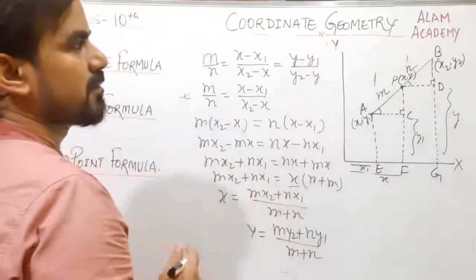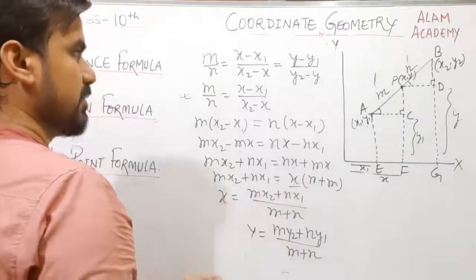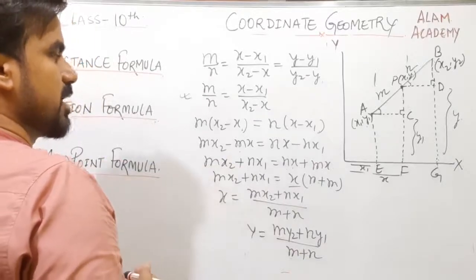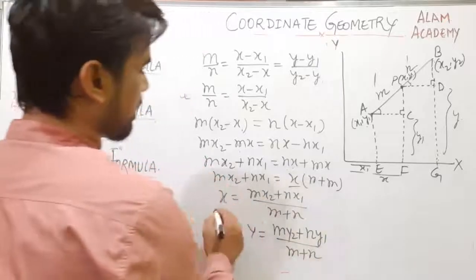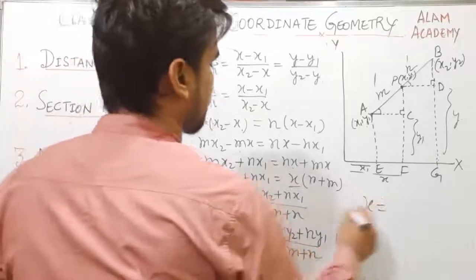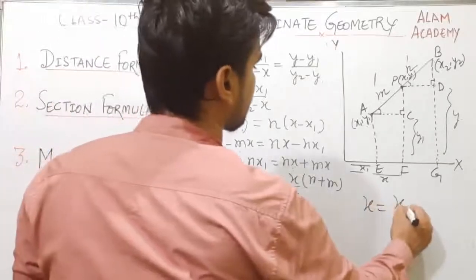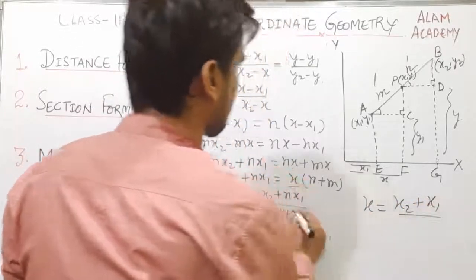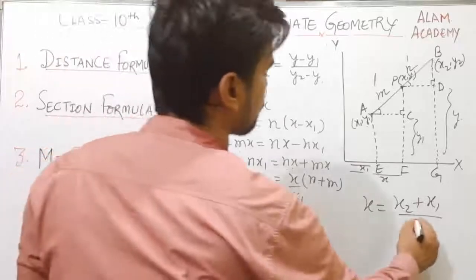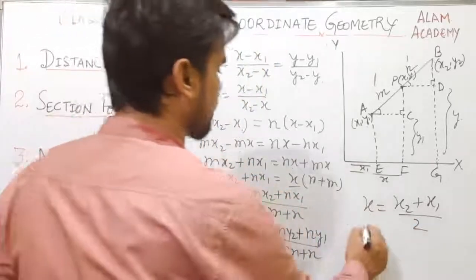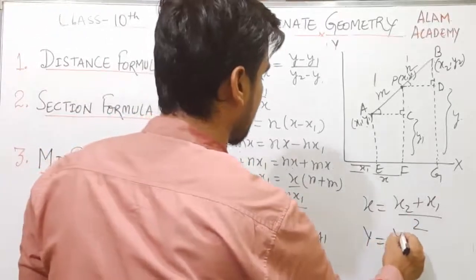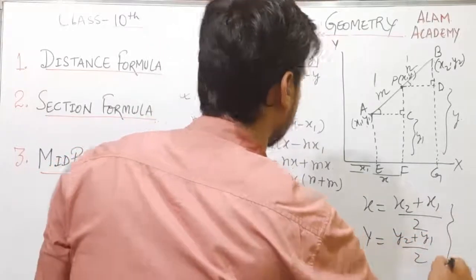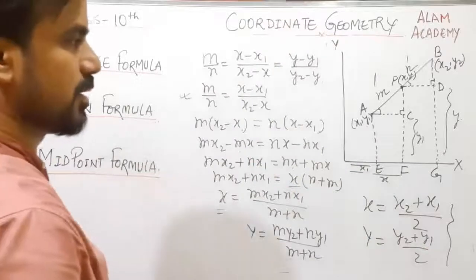So if we take m equal to 1 and n equal to 1, we can write x equals (1 into x2 plus 1 into x1) by (1 plus 1), that is 2. Similarly, we can get the value of y, that is (y2 plus y1) by 2. So it is called the midpoint formula.